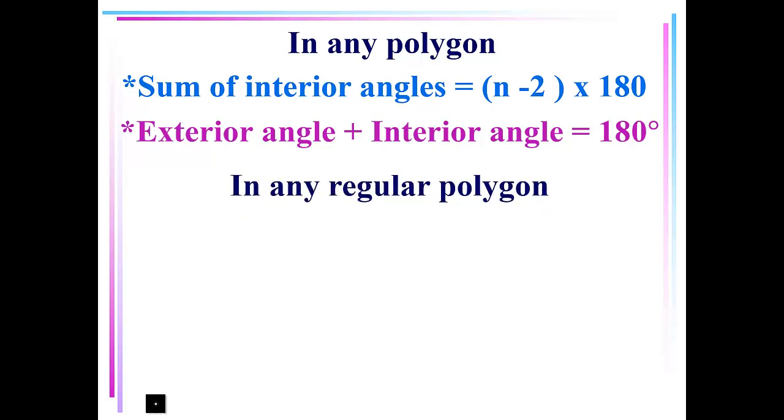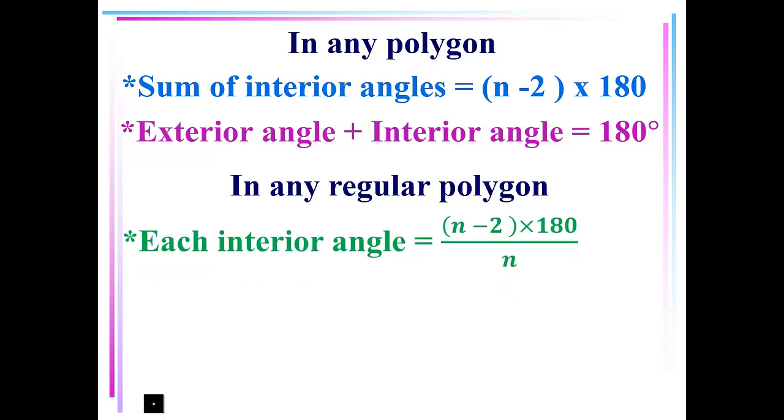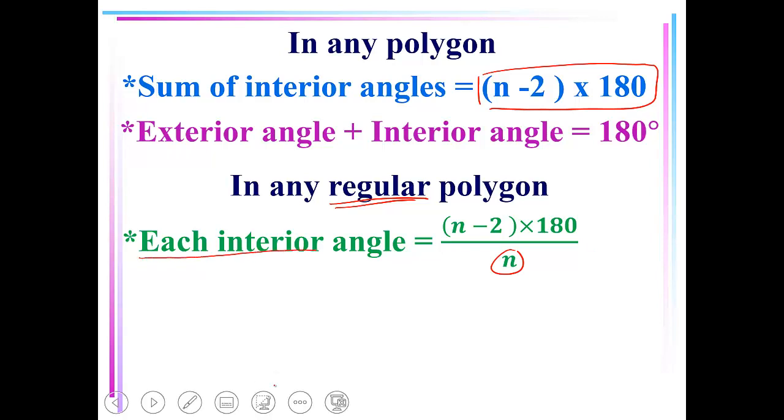In any regular polygon, if I want to find one interior angle, I'm going to use the rule (n minus 2) times 180, the same as this one, but I'm going to divide my answer by n, and again n stands for the number of sides. If I use this rule, I am going to find the measure of each interior angle inside a regular polygon. And again, a regular polygon is a polygon where all sides are equal and all angles are equal.